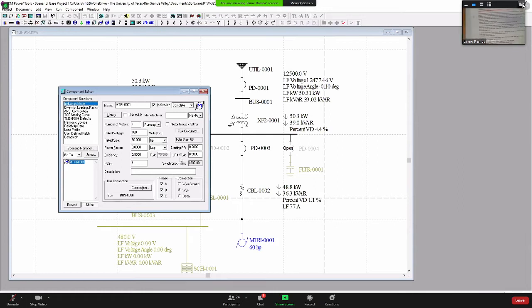Right here. So we are talking about this motor, induction type, 460. How many? 60, 73, 77 amps.